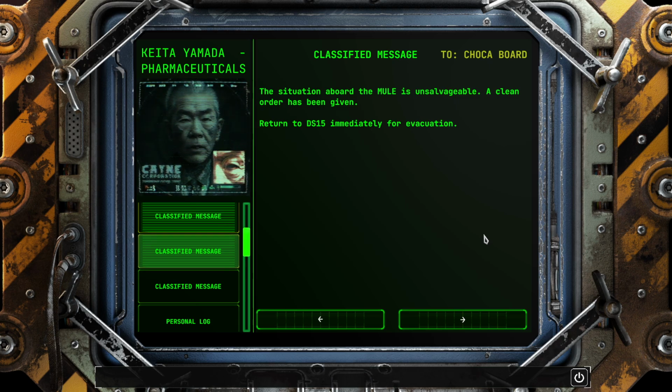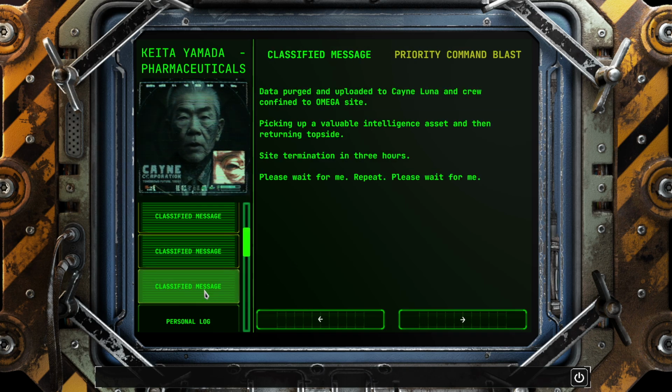The situation aboard the mule is unsalvageable. A clean order has been given. Return to DS-15 immediately for evacuation. And another priority command blast. Data purged and uploaded to Kane, Luna, and crew confined to Omega Site. Picking up a valuable intelligence asset and then returning topside. Site termination in 3 hours. Please wait for me. Repeat, please wait for me.